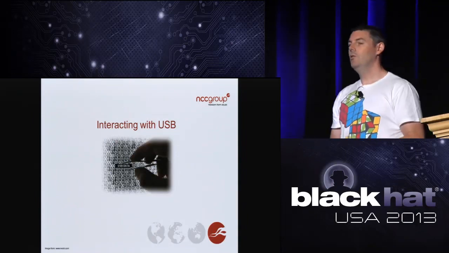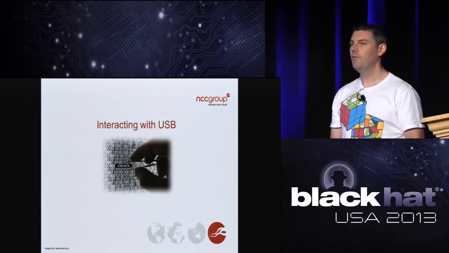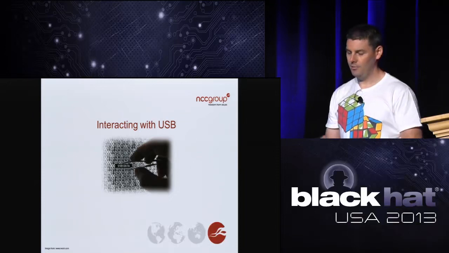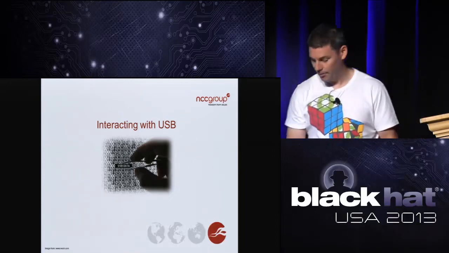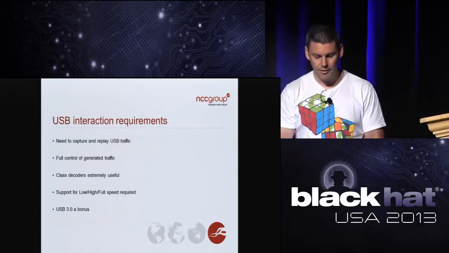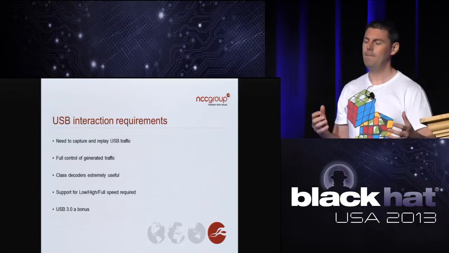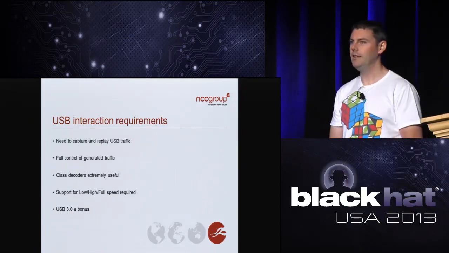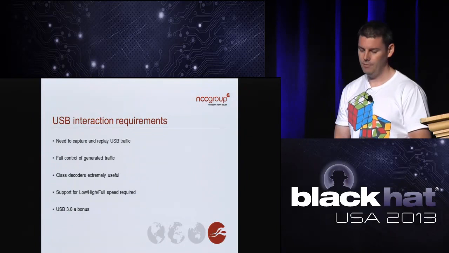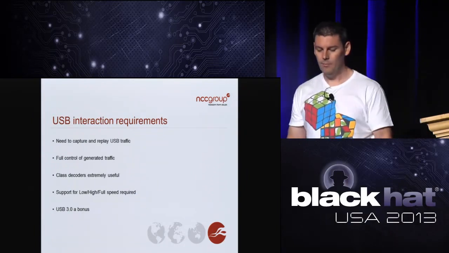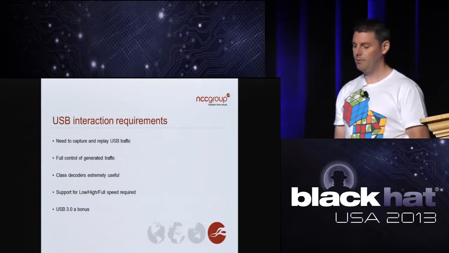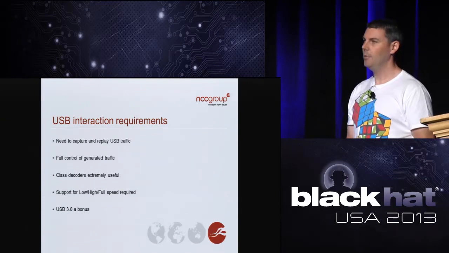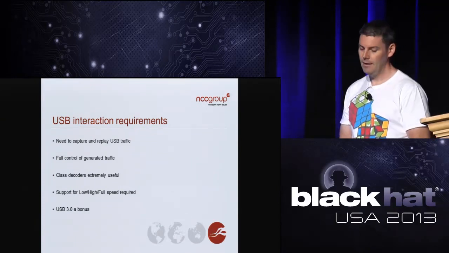So if we're going to try and identify information about these systems via USB, we need to be able to interact with it. And how are we going to do that? And what kind of areas of functionality do we need to be able to achieve with USB? Well, we clearly need to be able to capture USB traffic and be able to replay it faithfully.